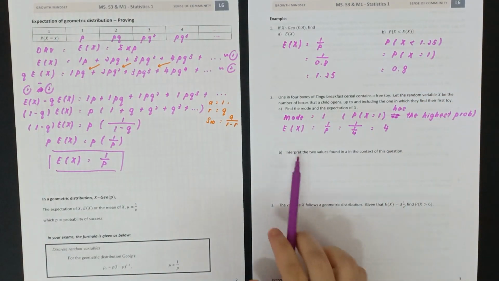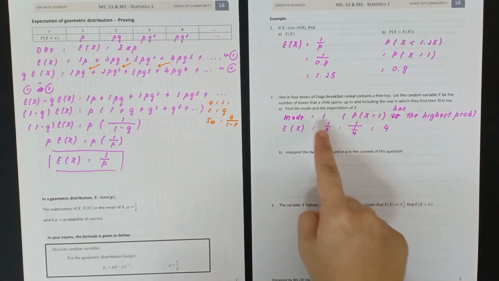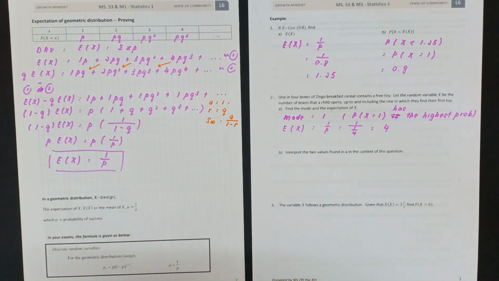Okay, so B, interpret the 2 values found in the context of this question. This question I just added because I want you to understand the difference between the 2 values here. When we talk about mode, we talk about the highest frequency.